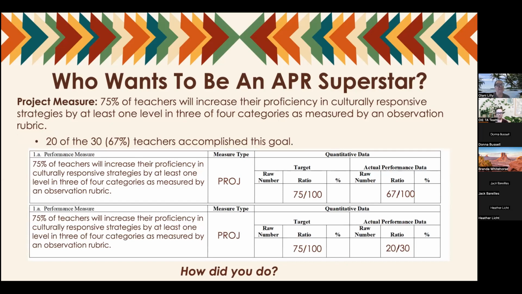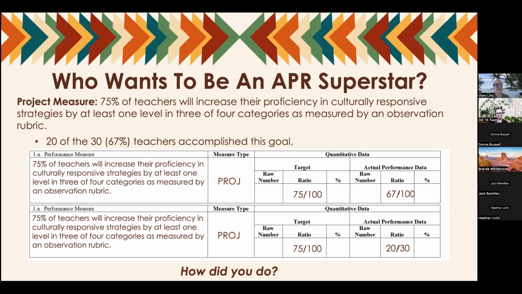Okay, so there are actually 2 different ways in which you can report this measure in the APR. Again, by just reading it, it is a project measure type. You can either report that 75% in your target as the percentage, which could be reflected in the ratio as 75 over 100.